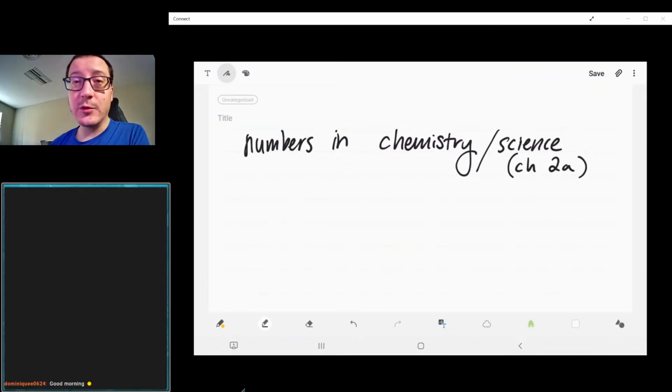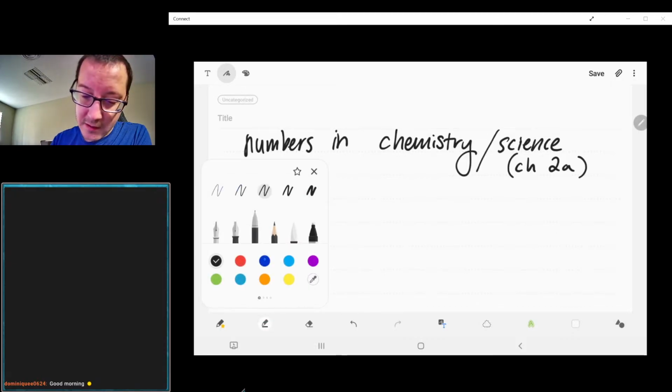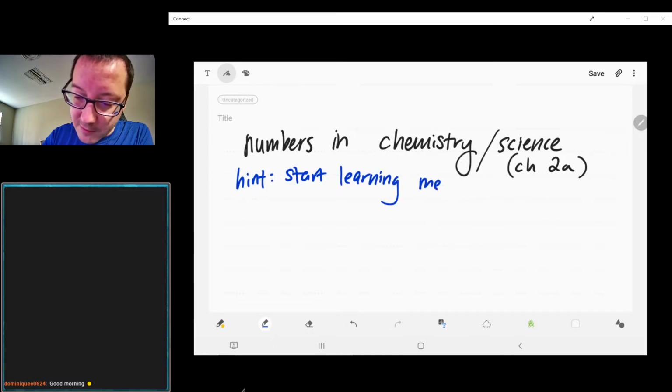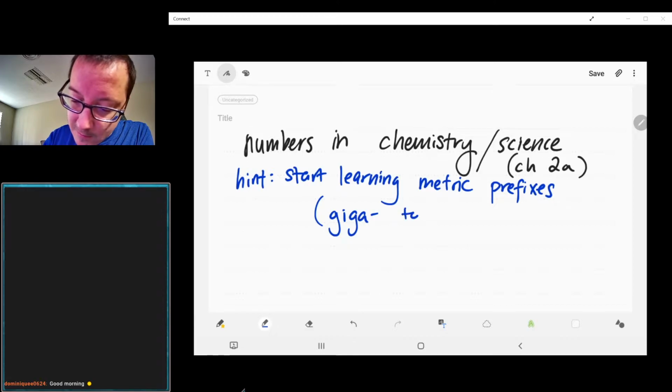Honestly, you can just Google metric prefixes, and I'll just write this right now. Hint: start learning metric prefixes. And then for us, that's between giga to nano.